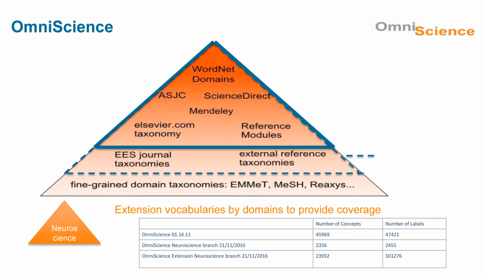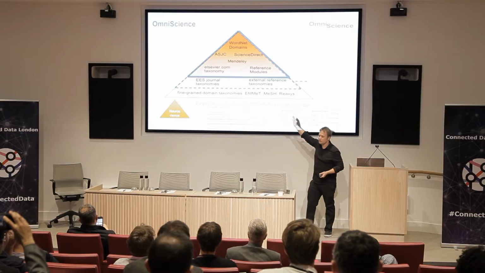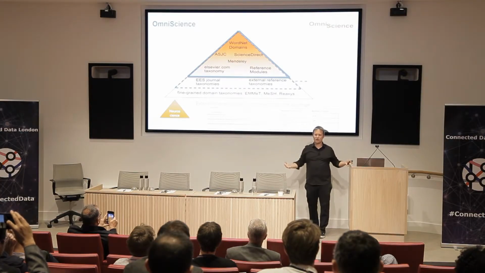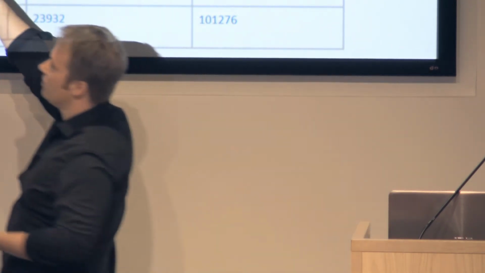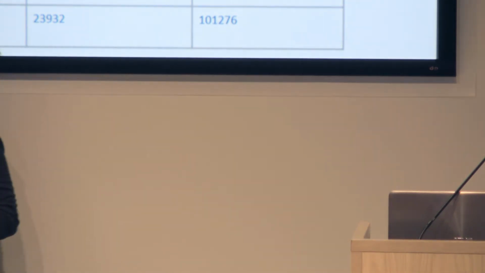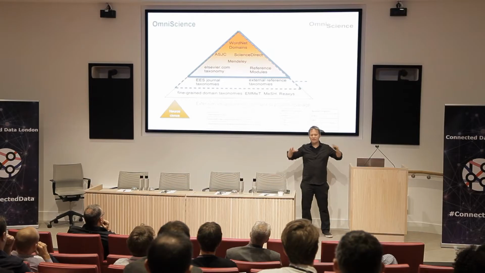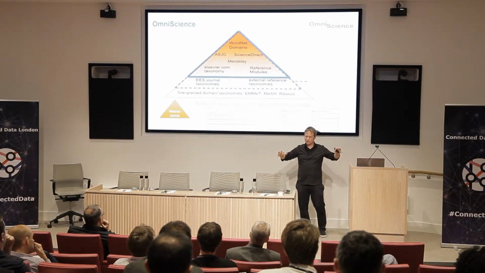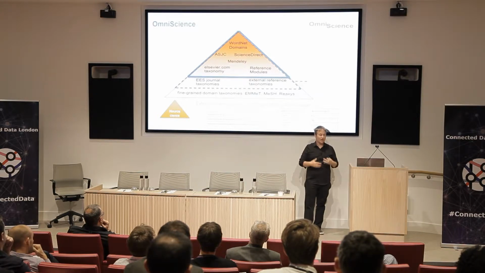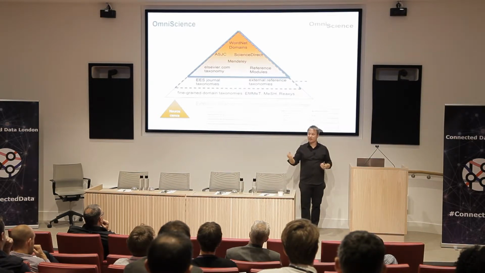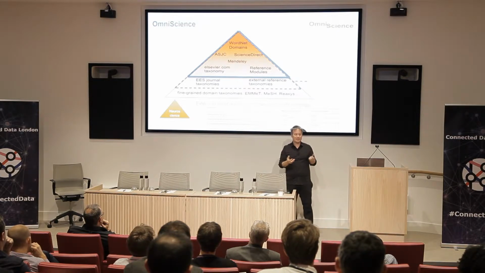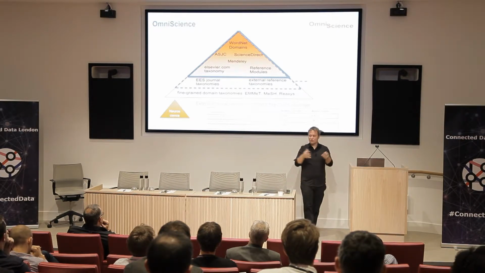Then we use journal coding systems that we used for Scopus, and taxonomies for our journal platform, ScienceDirect. We have specific editorial taxonomies, and then fine-grained domain taxonomies. In building this out, a lot of this upper-level structure is all hand-done by our knowledge representation specialists. They're sourcing all these concepts and links from everywhere, and then putting it together.